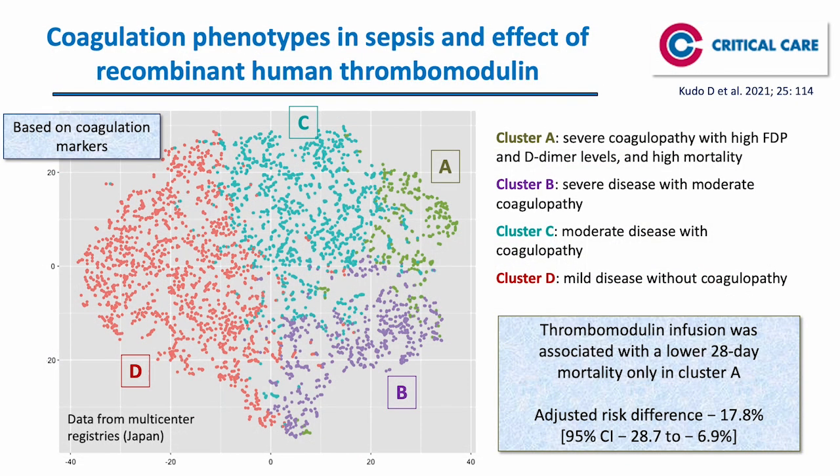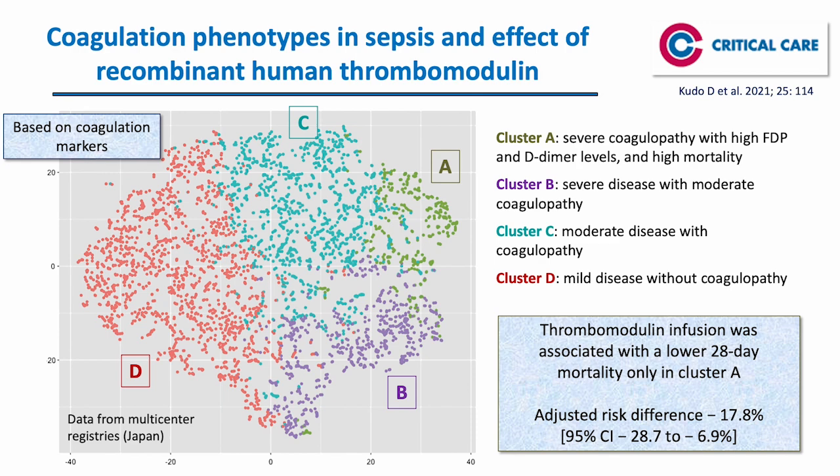In Japan, soluble human thrombomodulin is a registered drug. So patients are treated with that. And in this registry analysis, Japanese investigators looked at which population within the sepsis population might benefit most from this anticoagulant therapy.